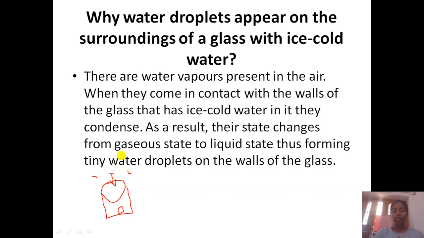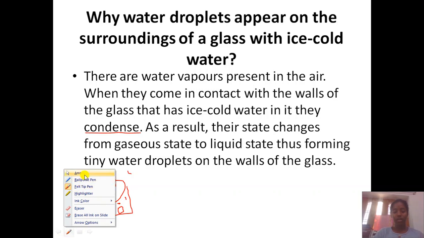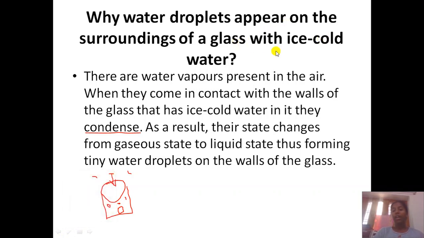Now there is a process of what? Condensation occurs, and now the gas converts into liquid and you are able to see some water droplets. So this is how the ice cold water glass is filled with all those water droplets.